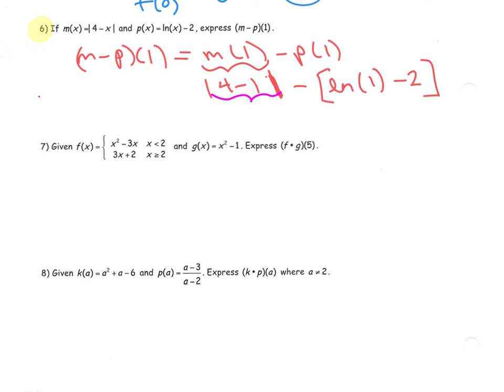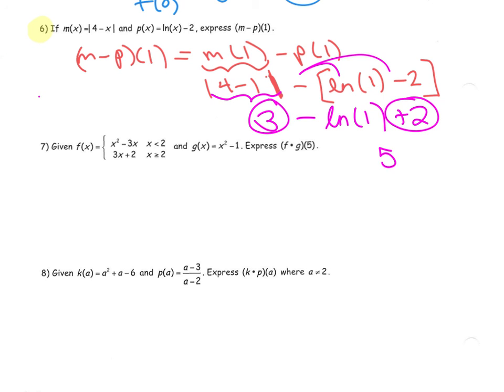Absolute value of 4 minus 1 is the absolute value of 3, which is just 3, minus, I'm just going to distribute, the natural log of 1 plus 2. Again, combining like terms, 3 plus 2 is 5, so I have 5 minus the natural log of 1. If you guys remember, the natural log has a base of e. This is really saying 5 minus the natural log base e of 1.